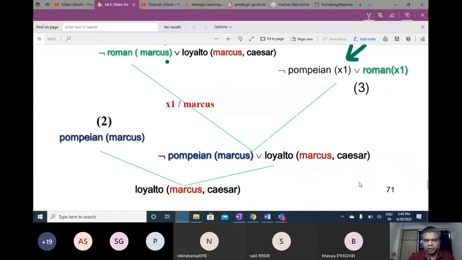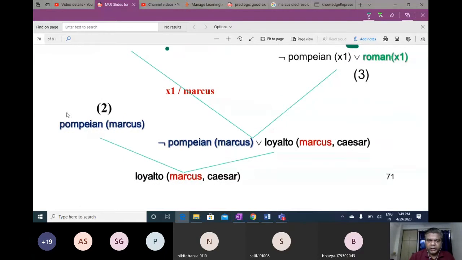But we already know Pompeian Marcus, the second statement in our knowledge base. So Pompeian Marcus and not Pompeian Marcus match each other and cancel out.